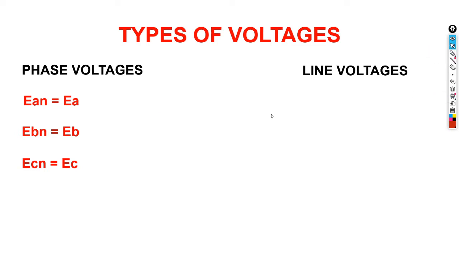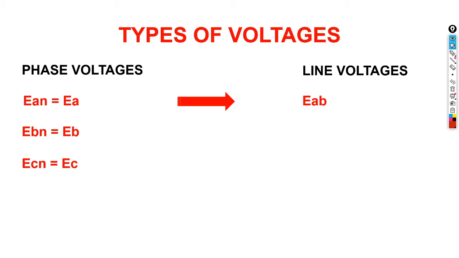Each phase voltage has its own corresponding line voltage. When we talk about the phase voltage AN, which is the same as EA, the corresponding line voltage is AB. So my phase voltage A, the corresponding line voltage of A is AB.